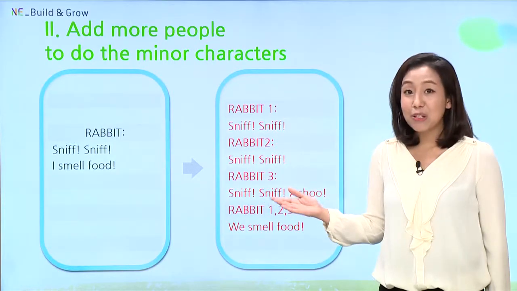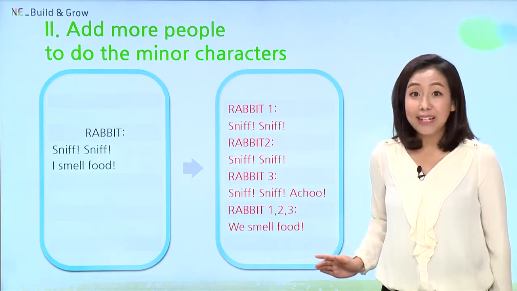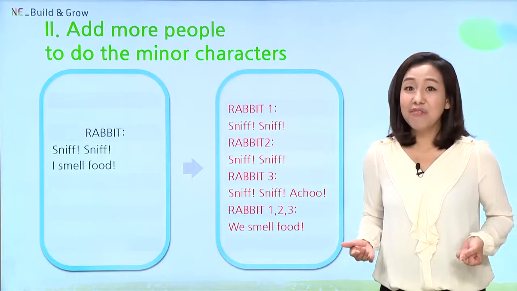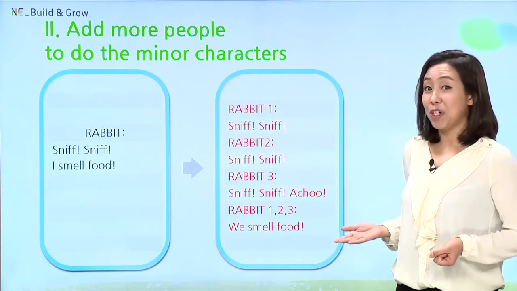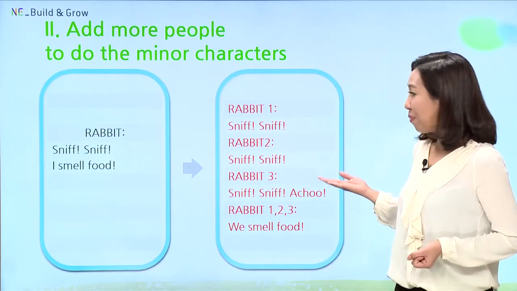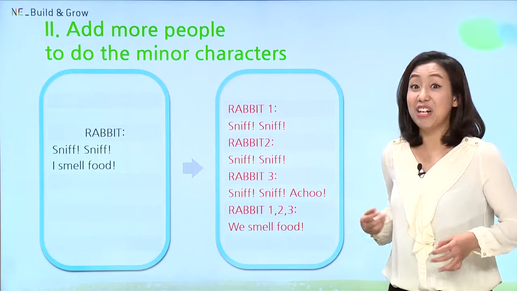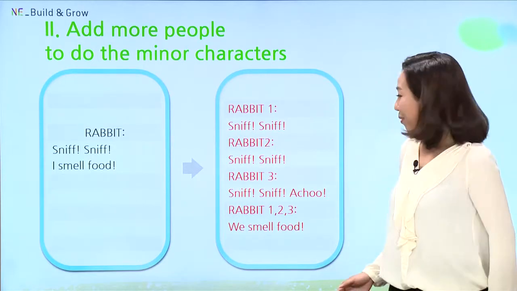The rabbit is looking for food. So he says, sniff, sniff, I smell food. How can we divide it into 3 characters? So you can do repetitions. So rabbit 1 says, sniff, sniff. And maybe rabbit 2 says, sniff, sniff, in a different way, or something like that.